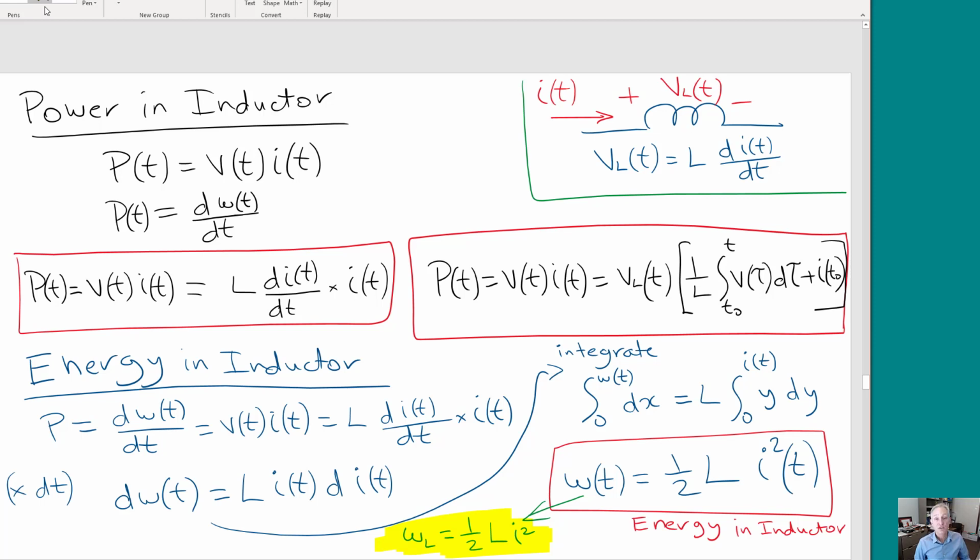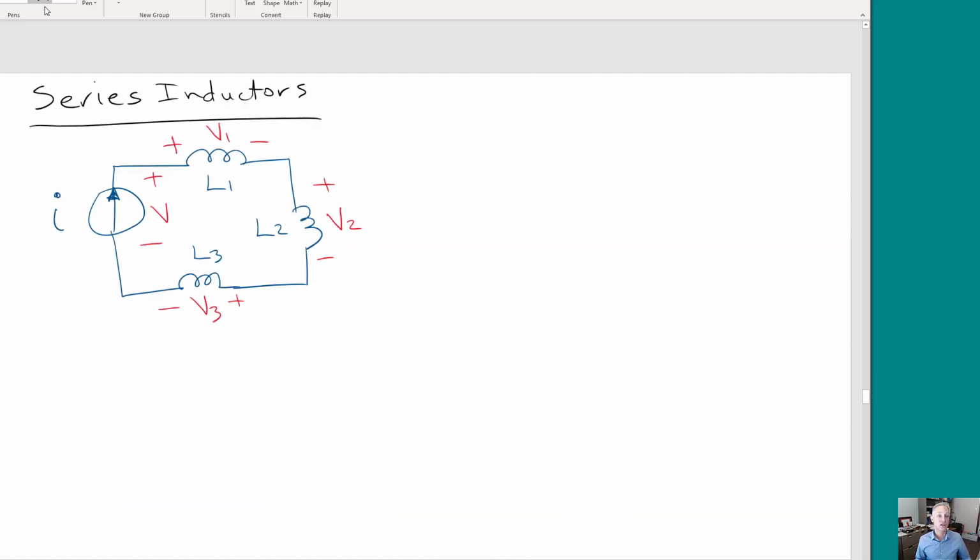It's the same thing. So now, let us look at how inductors add in series and in parallel. So first we're going to do series. So I'm just going to show you how to develop the relationship.